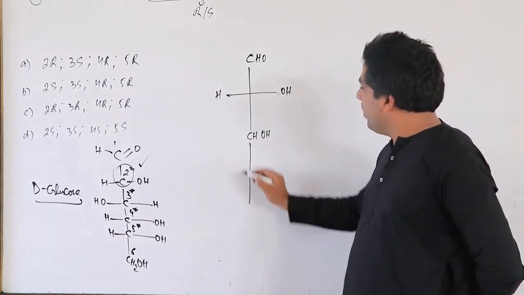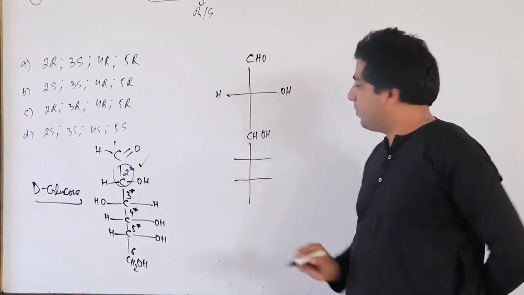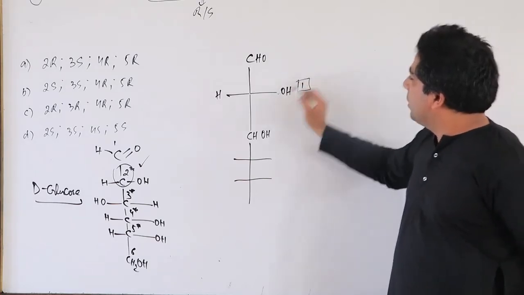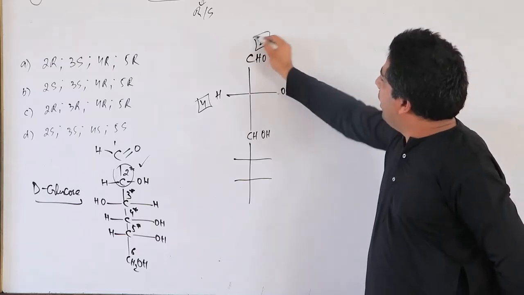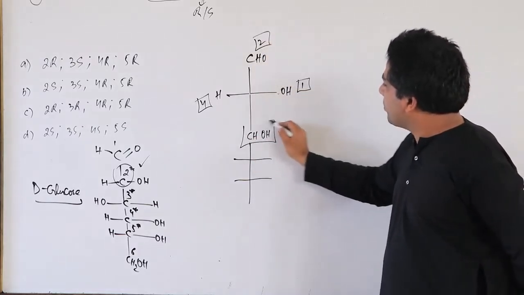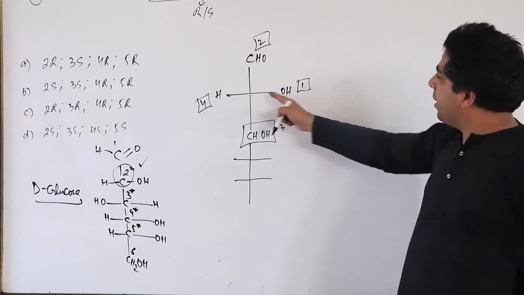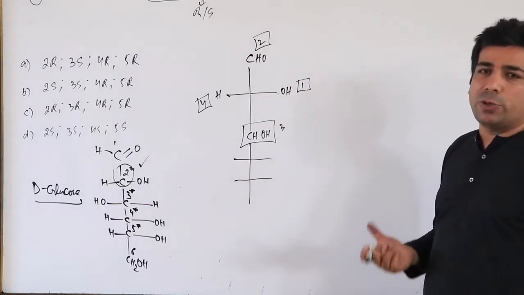Rest of the molecule will be here like 1, 2, 3, 4, 5 and the 6th one. So let's decide up to here only. So this will be your number 1 now, this is your number 4, this is your number 2 and this is your number 3. Correct? So these numbers I can write down here also. So rotation should be from 1 to 3.